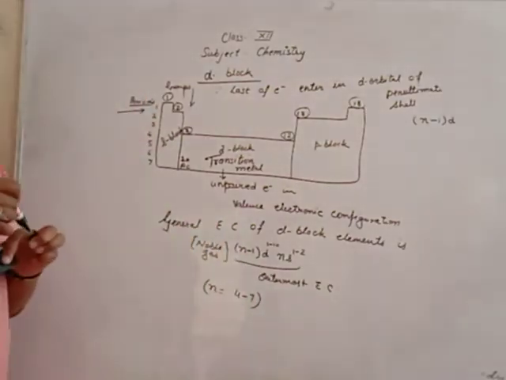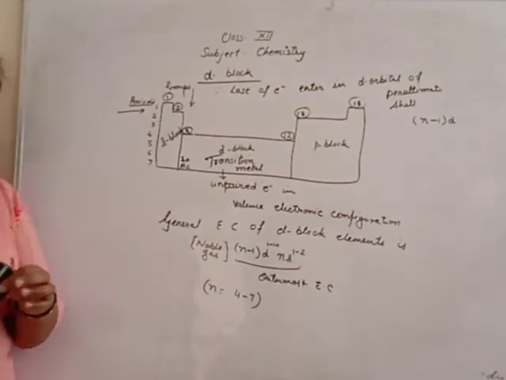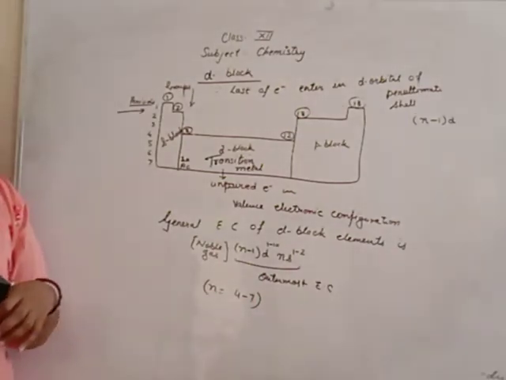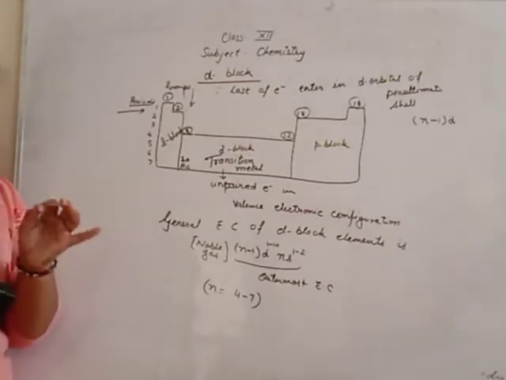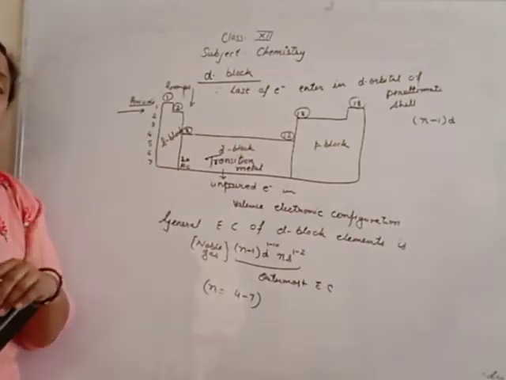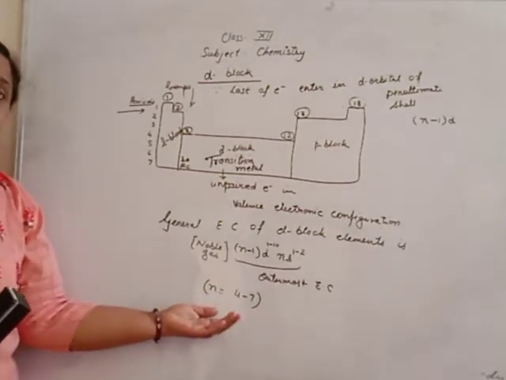Clear? Now, one most important question arises here. What are the characteristics of electronic configuration? This type of question is not studied in the s block or p block in your 11th class. But this question is here.